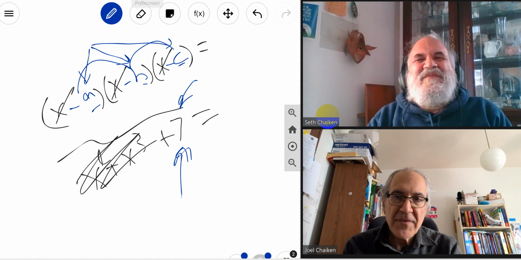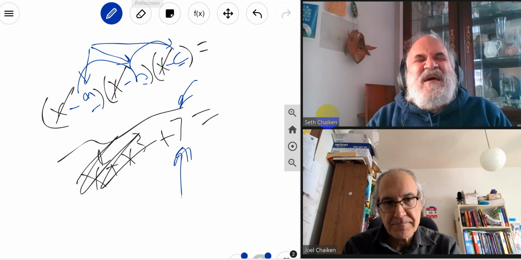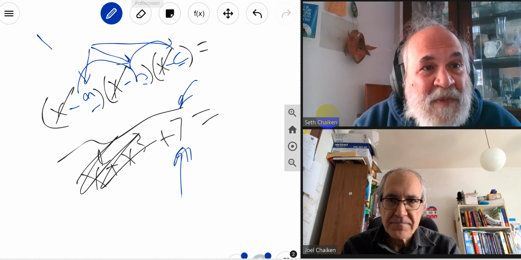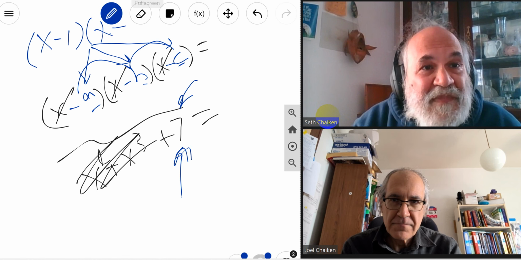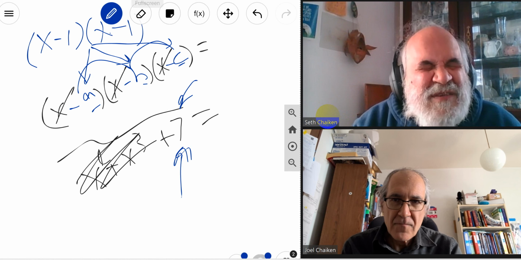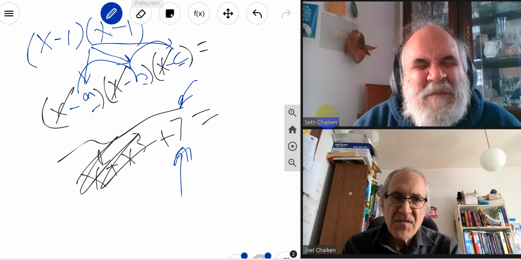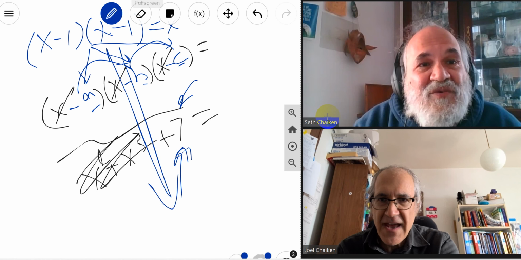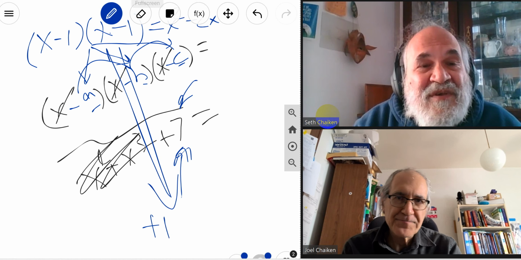And of course, if there are multiple roots, you count them with multiplicity. So take x minus 1 squared. It only has one root, but that root appears with multiplicity two. So you get x squared minus 2x plus 1.